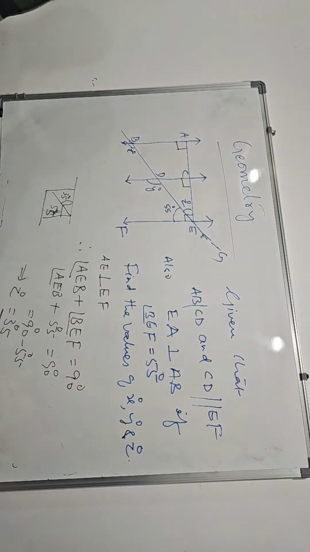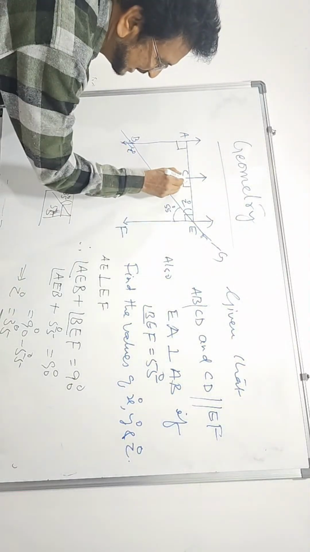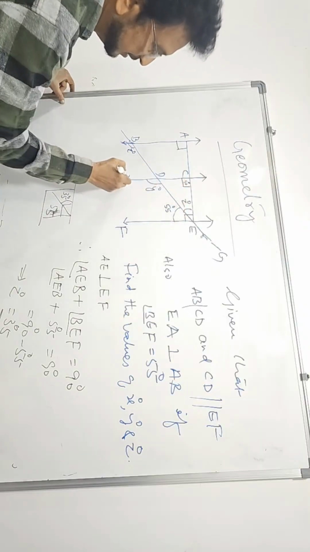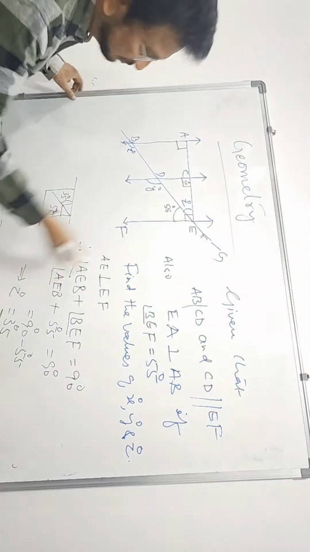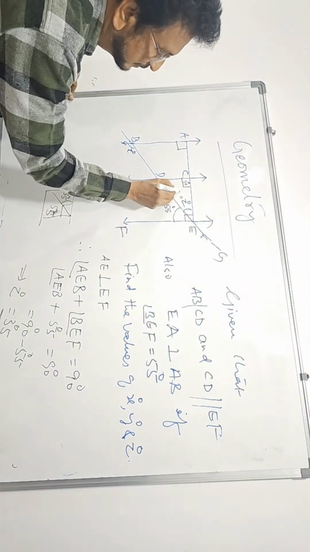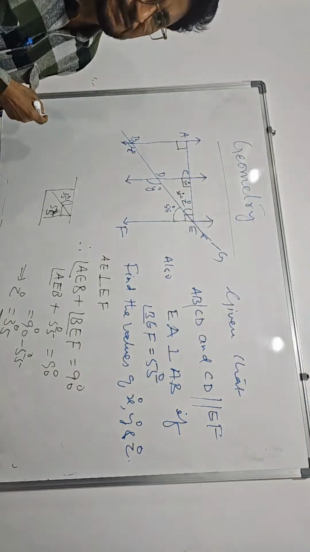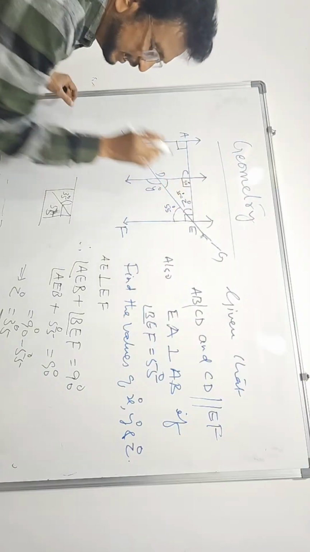See here, this is a triangle. This is given 90 because it is perpendicular. C is perpendicular on this line. This Z we found just now, 35 it is. In a triangle, the sum of three angles is 180.